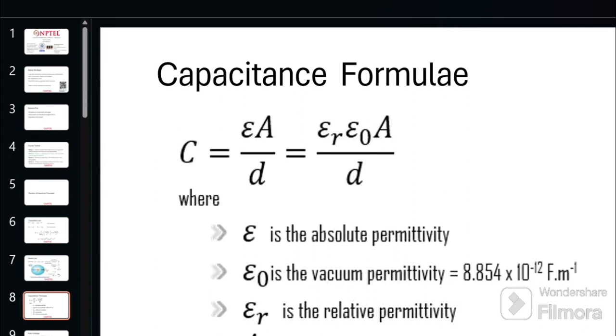The formula for capacitance is epsilon A upon D, where epsilon is the product of the absolute permittivity in vacuum and the relative permittivity, A is the cross-section area of the plate, and D is the distance at which the two plates are separated. Epsilon 0 and epsilon r are the permittivity constants.